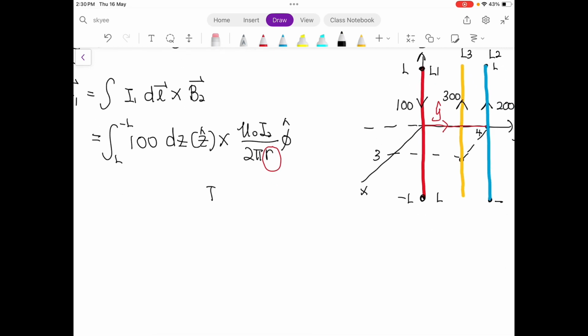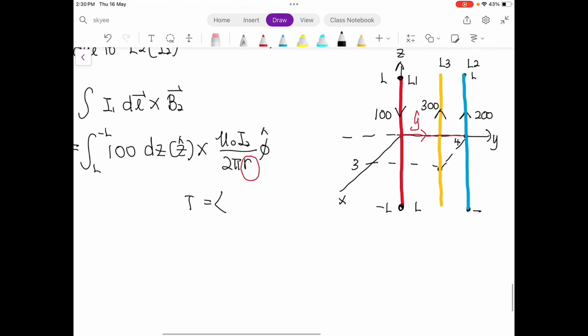So first of all, let's assign the T first. For the I2, this is the I2, so the T would be 0, the Y is 4, and the Z you have no idea.